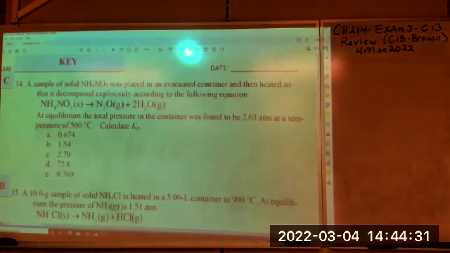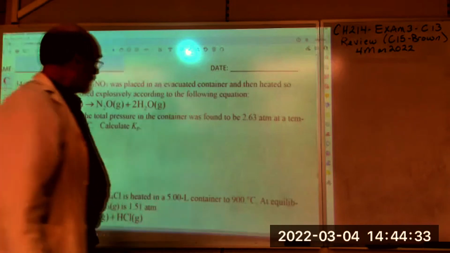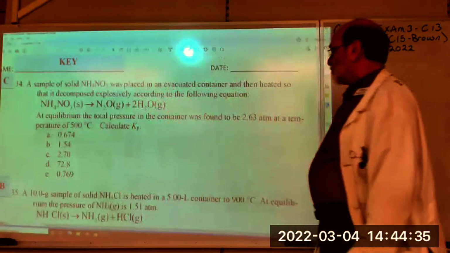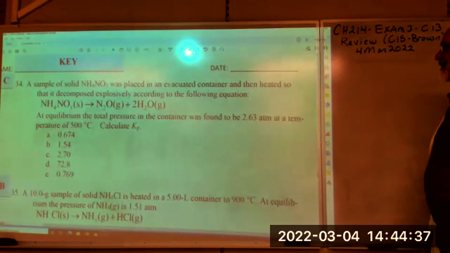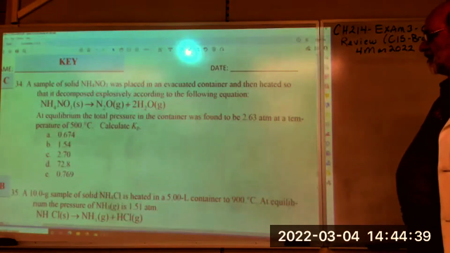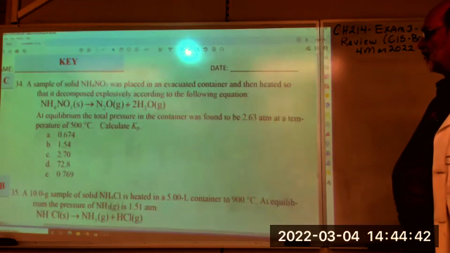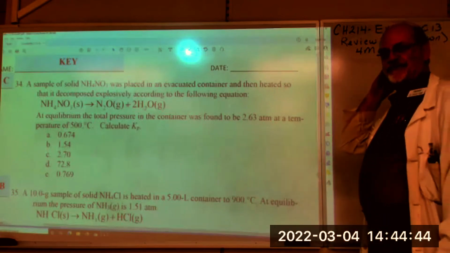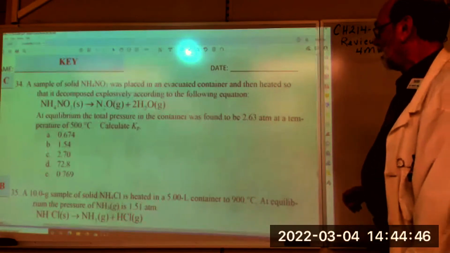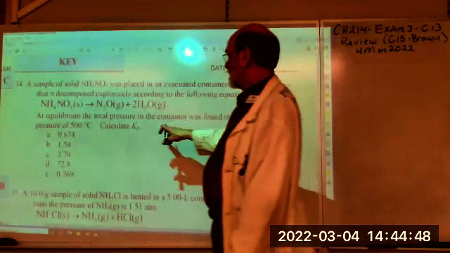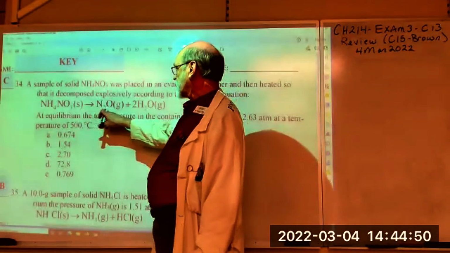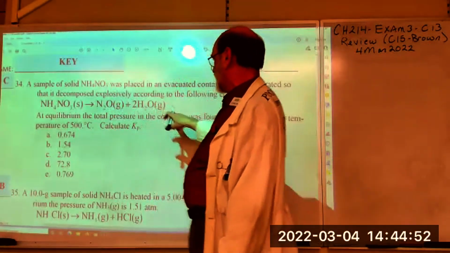A sample of solid ammonium nitrate was placed in an evacuated container, heated so it decomposed explosively. Okay. A very small sample, I hope. So it decomposes to nitrous oxide, laughing gas, and water vapor.